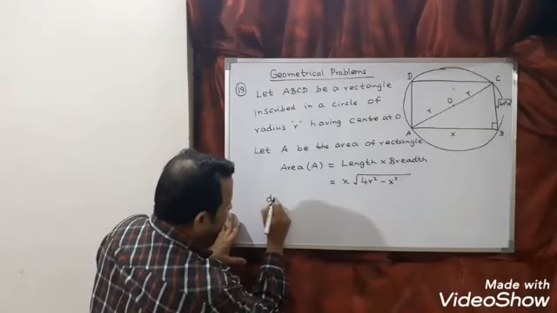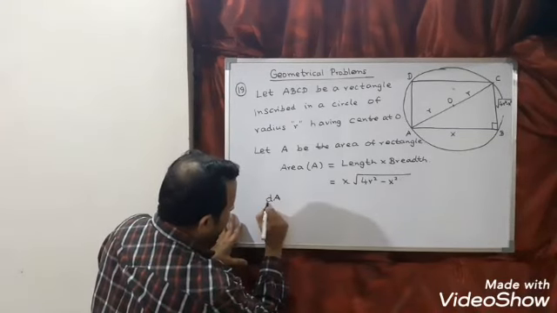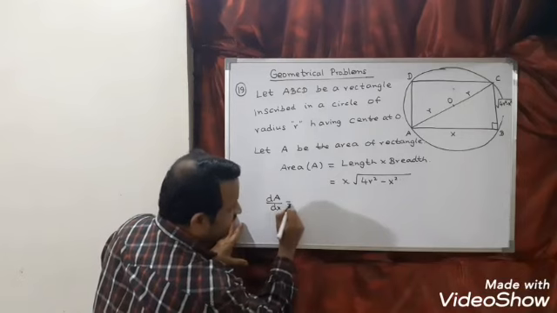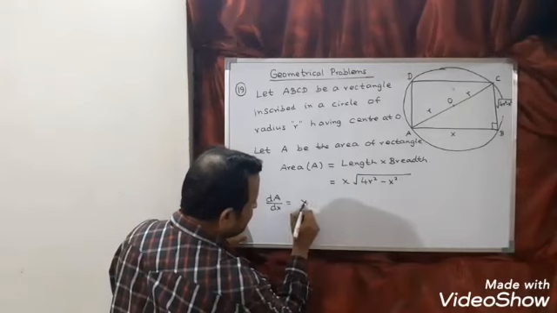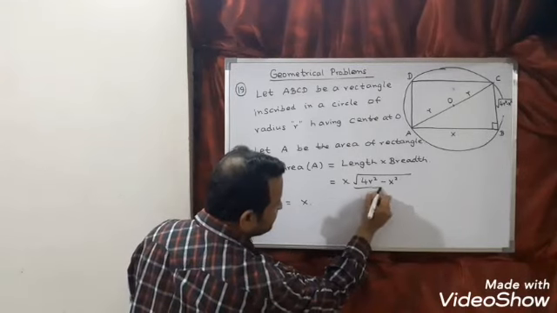So here I can say, tell me, dA by dx is equal to, calculate. So how to differentiate this? Product rule. First function into differentiation of the second.